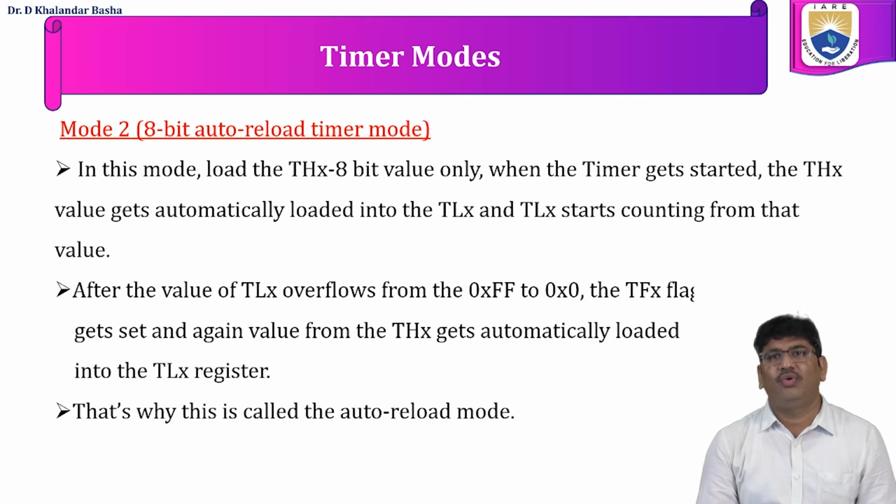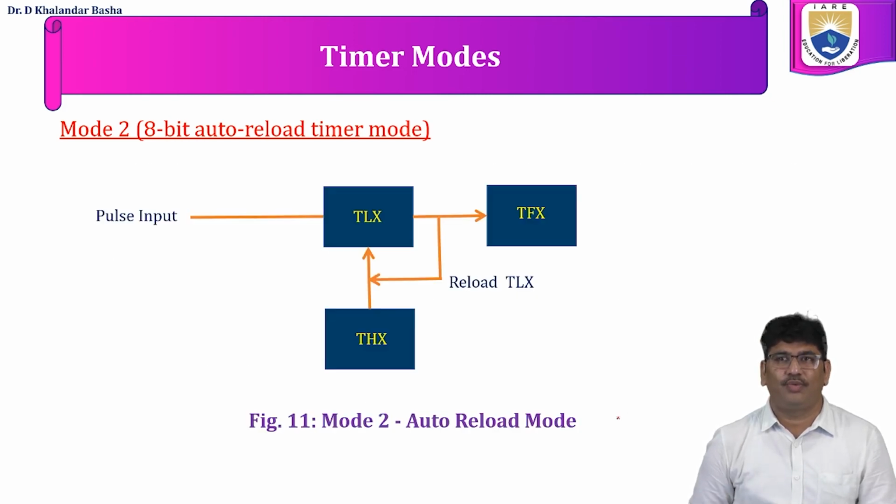Whenever a rollover occurs, that is from FF to 00, then the TFX flag gets set and again the THX value which we initialized will be reloaded into the TLX register. That's why it is called auto reload mode.